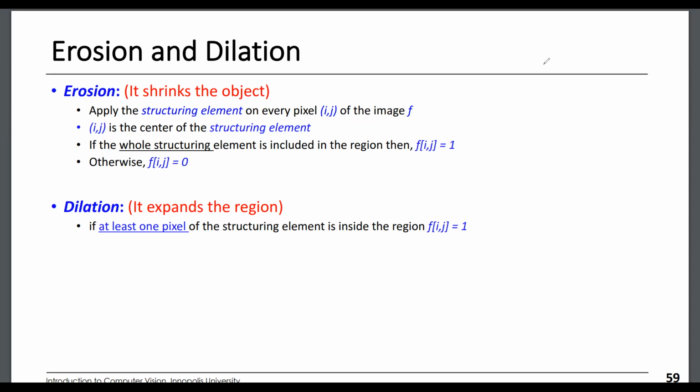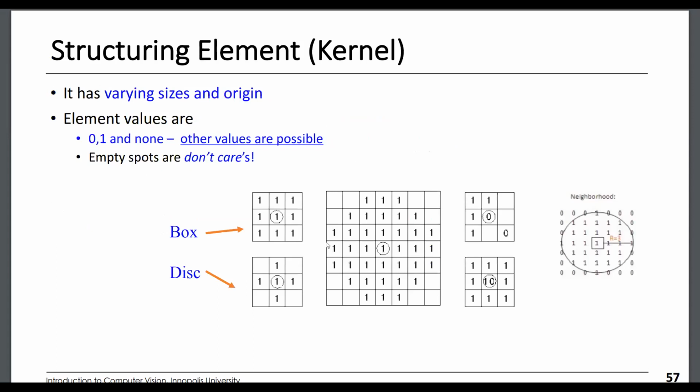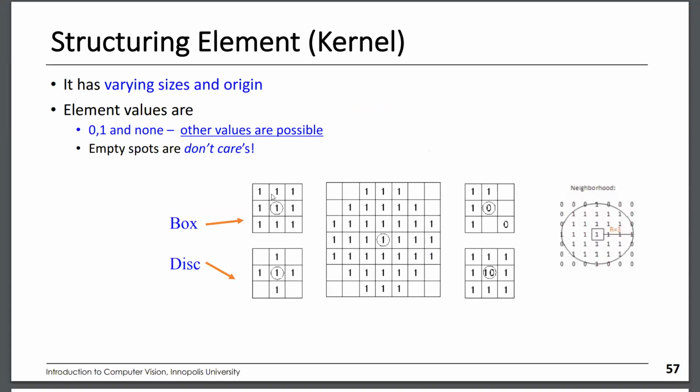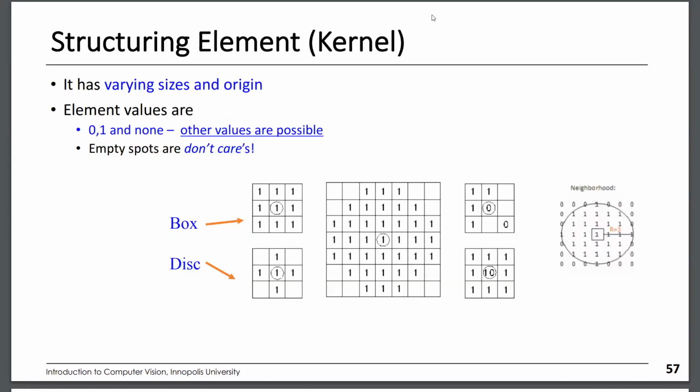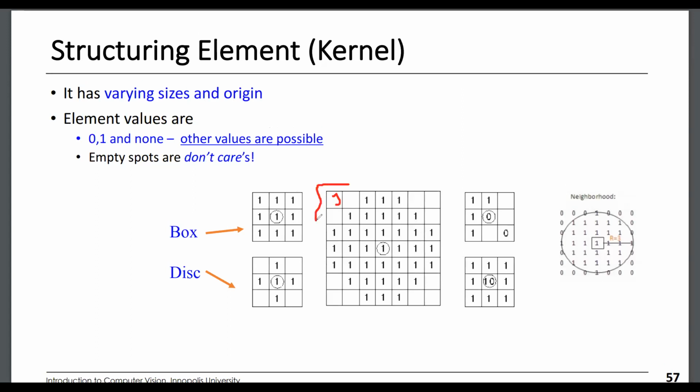So let's go back here and apply this structuring element using erosion. If the whole structuring element is included in the region, then we call it 1. So if we come here, for example, at this place, these are zeros, 0, 0, 1, and 0. In this place we don't have anything, so we put 0.